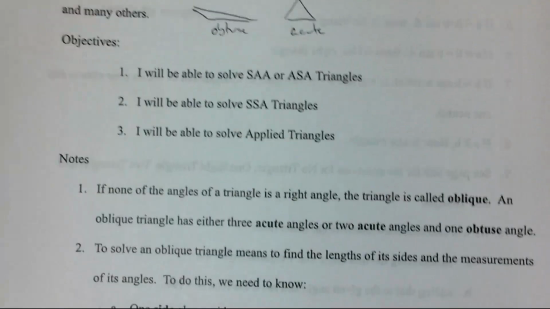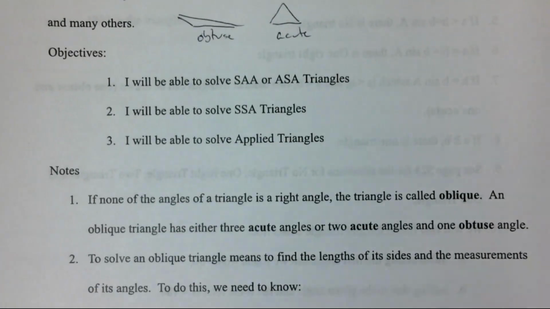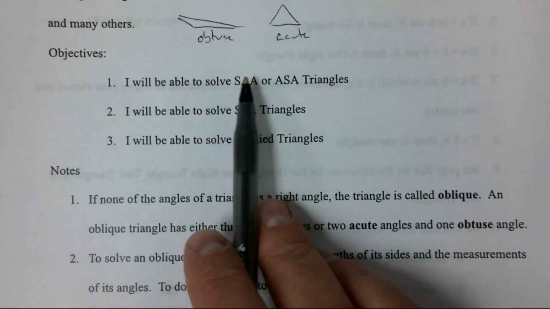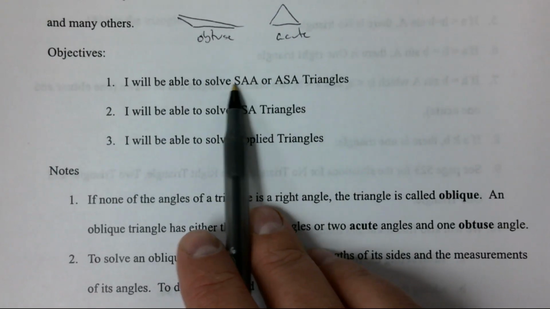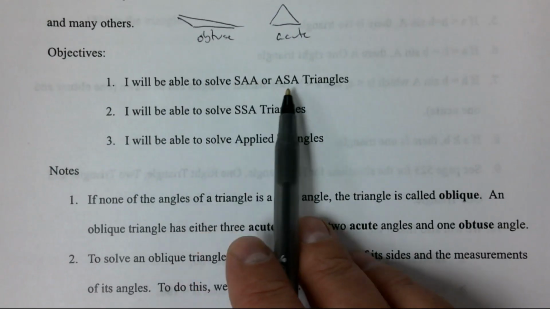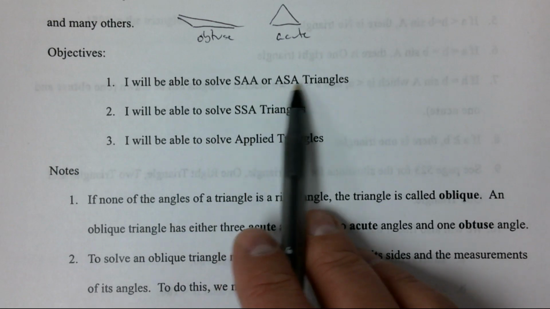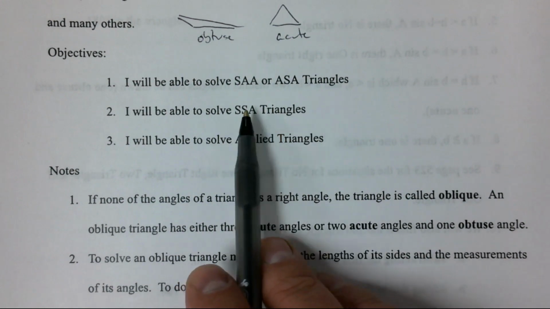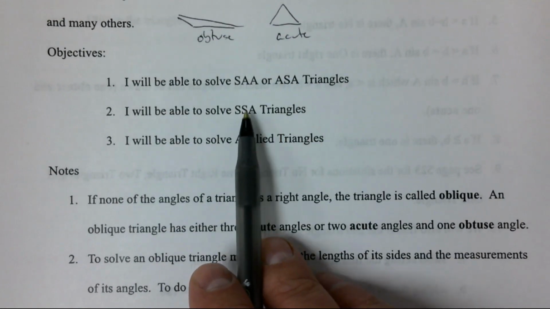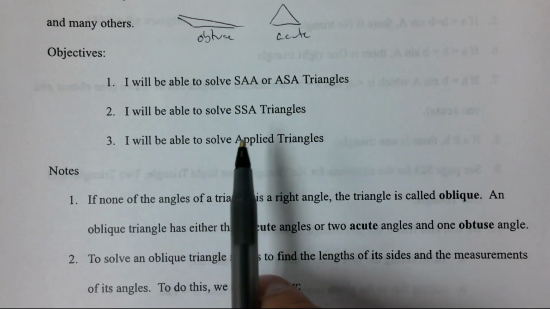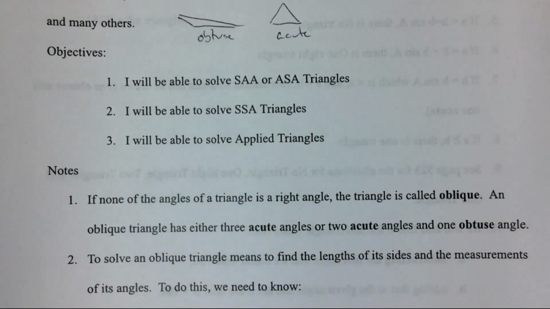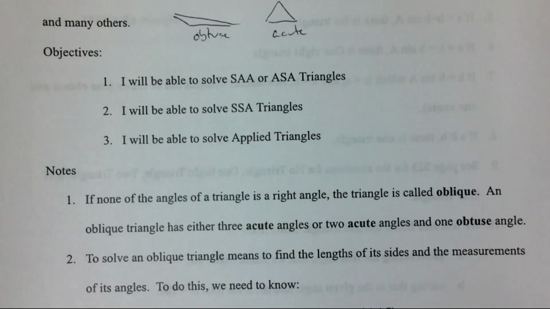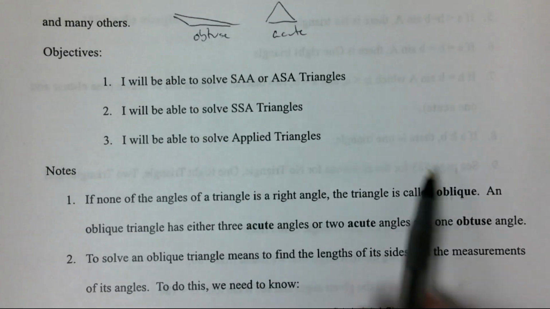But basically, it's a triangle where you know a side and two angles in that order, or a side between two angles. Then the other one is the SSA, like two consecutive sides with an angle, and then the applied triangles.